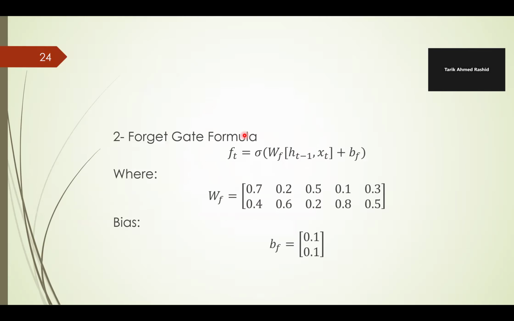So let's do it. Here is the forget gate. That is the sigmoid of the weight matrix for the forget gate, times hidden at T minus 1 and current XT, plus the bias for the forget gate. So this is the weight matrix, and that's the bias.